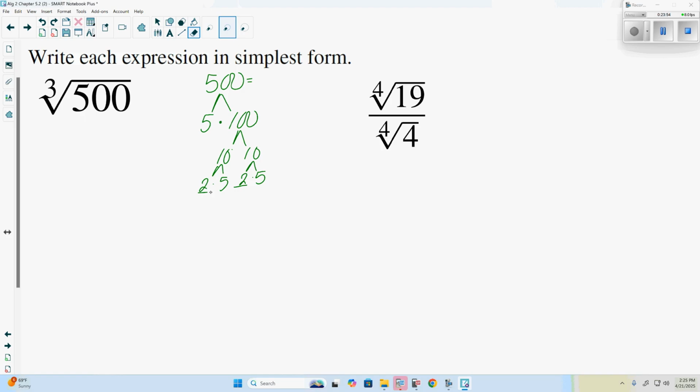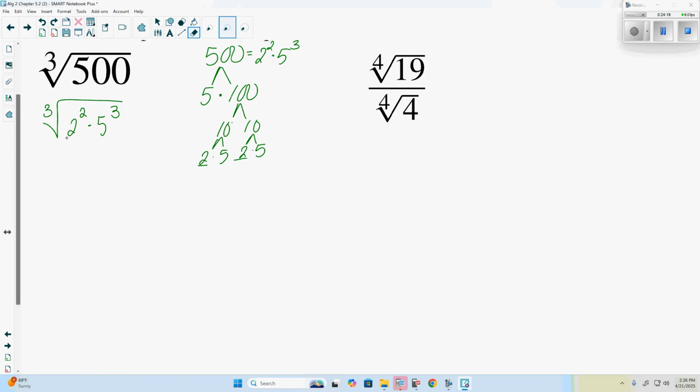So we have 2 twice, and we have 5 how many times? 3 times. So it's the same as 2 squared times 5 to the 3rd, which is kind of nice because that does tell us we can take the cube root of 5. Because we have the cube root of 2 squared times 5 to the 3rd.